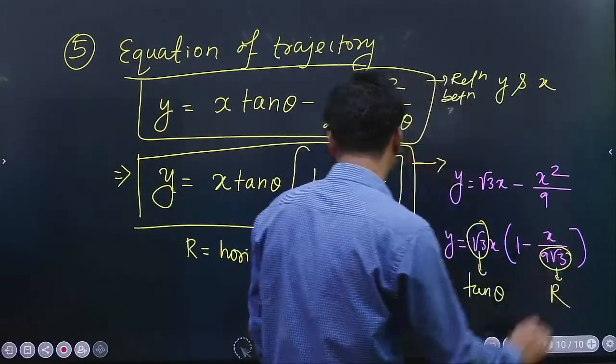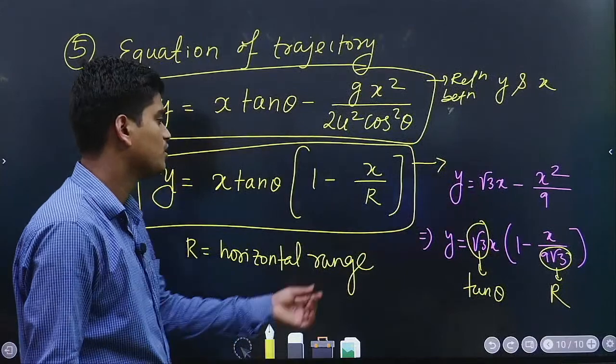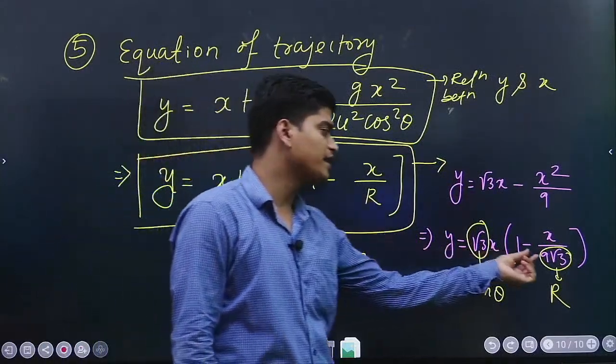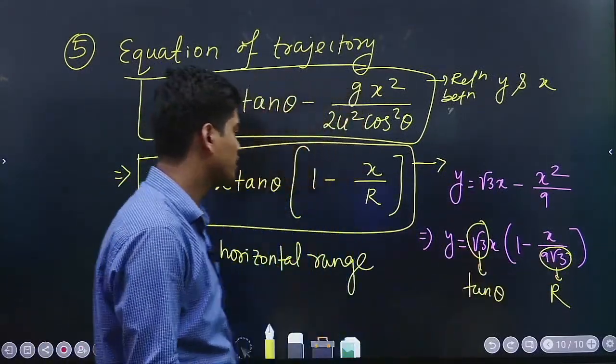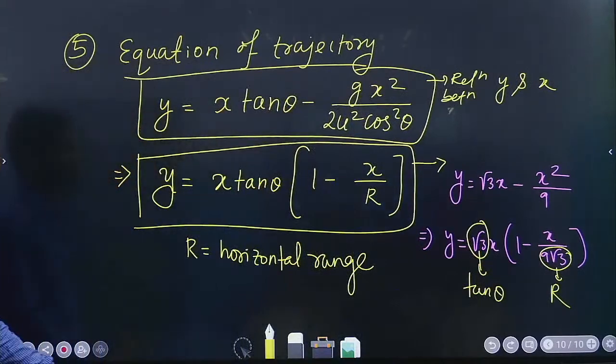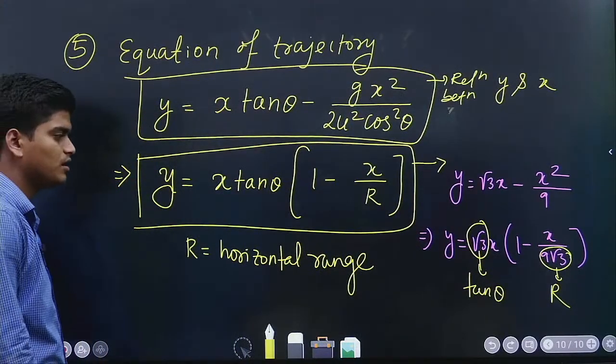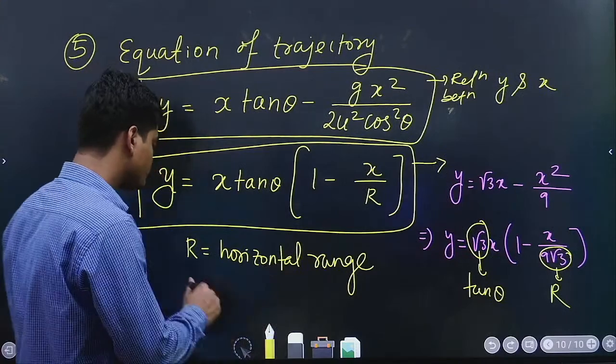The 9 root 3 you can equate to R, so this is your horizontal range. Range is 9 root 3, and tan theta equals root 3.